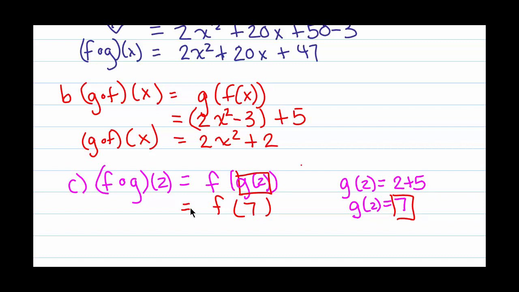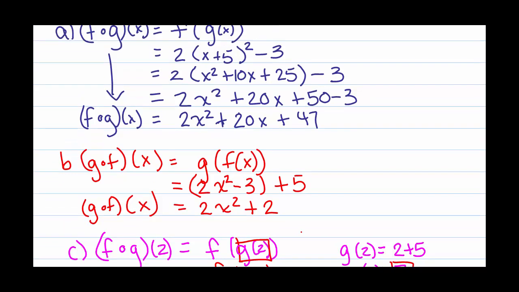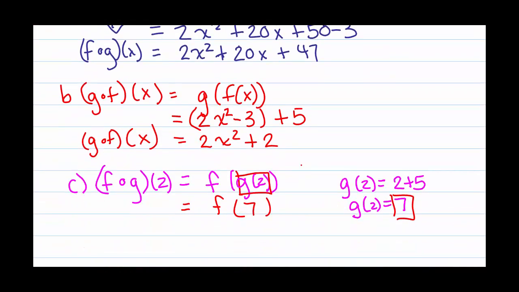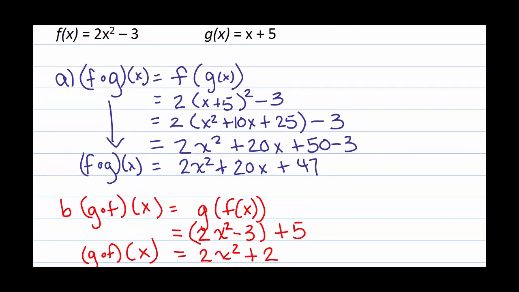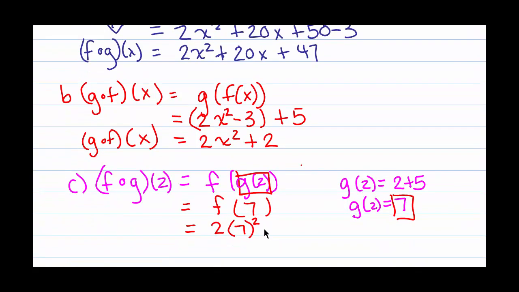And now I'm going to find f of 7. So I have 2 times 7 squared, right? And then minus 3. 7 squared, 49 times 2.